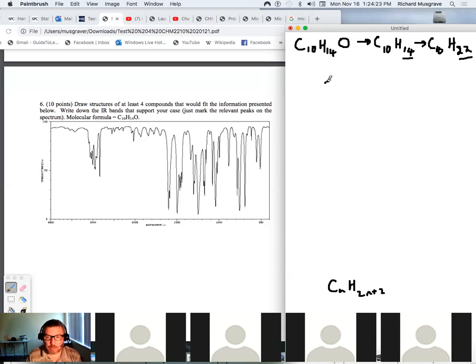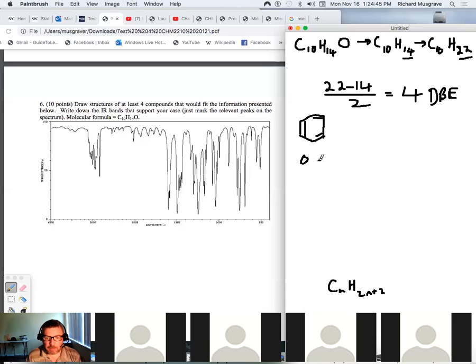All right, 22 minus 14 divided by 2 equals 4. So there's four double bond equivalents, which would immediately tell me that I have an aromatic ring.